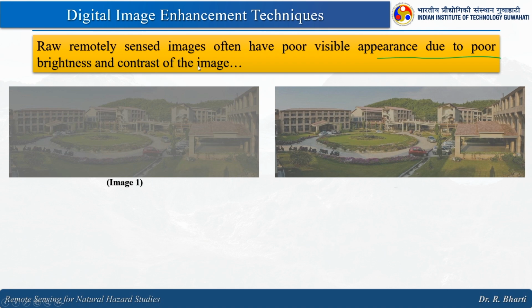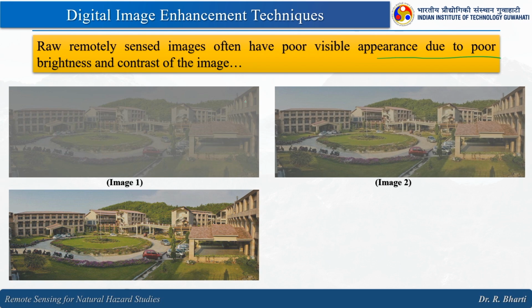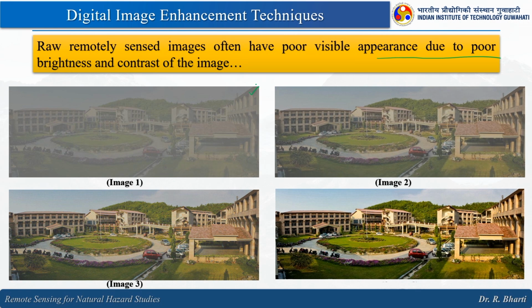So here you see the first image, which is taken from IIT Guwahati. Now the second image is a little bit better, this is again better, this is the last image, right. If you compare all of them together, you will find this one has poor brightness and contrast, and this one has very good brightness and contrast.